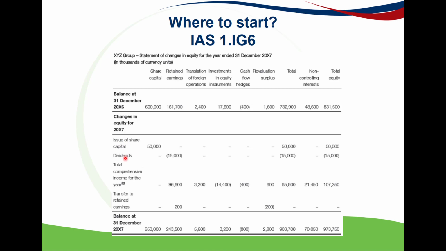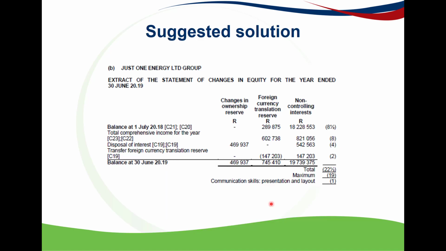We know there were no dividends declared. We have the total comprehensive income for the year. For the 2 subsidiaries, we know we require the foreign operation one. Okay, and then there was a transfer to retained earnings from the revaluation surplus, which was not applicable in our instance. What is applicable, of course, is the disposal, or partial disposal, of a subsidiary.